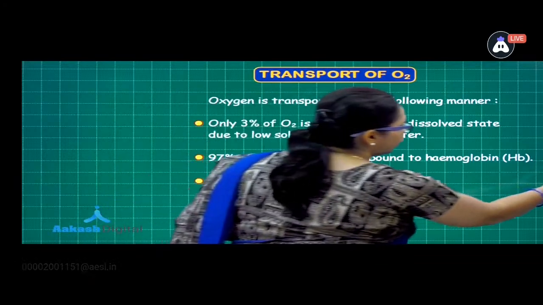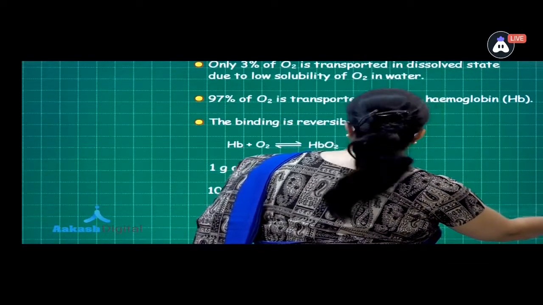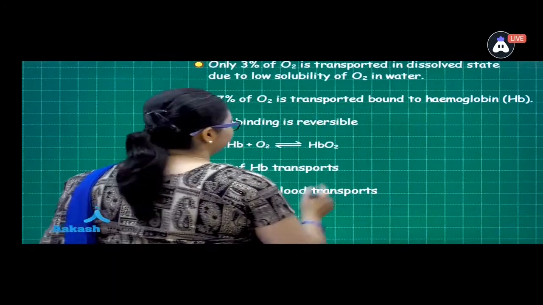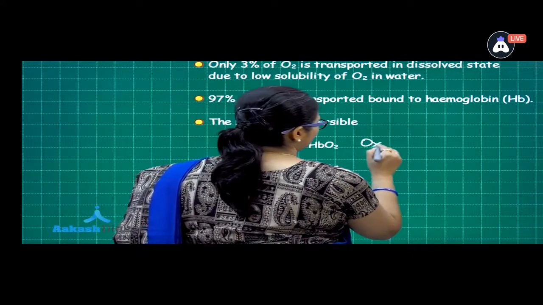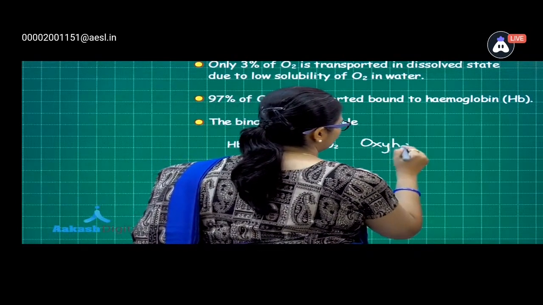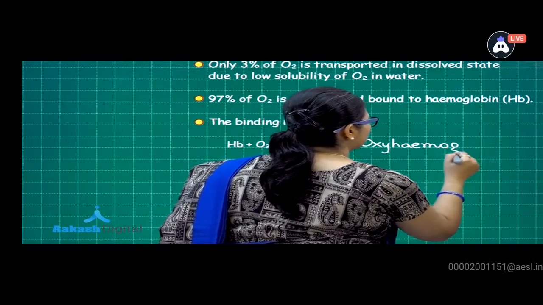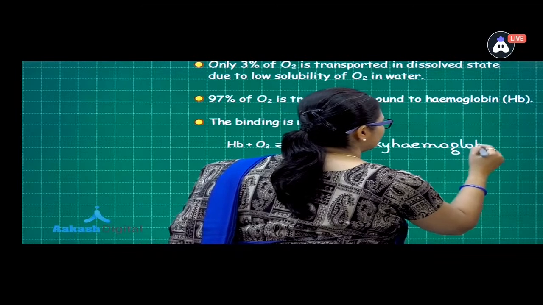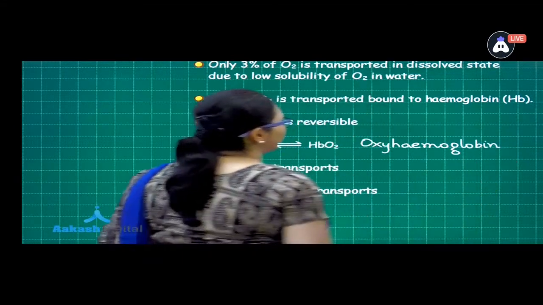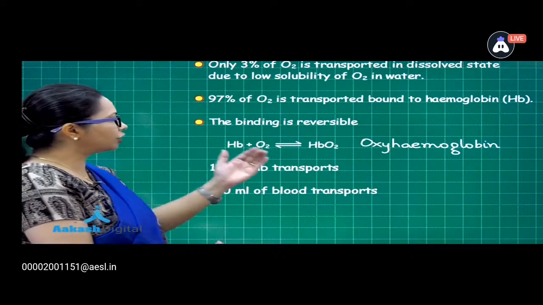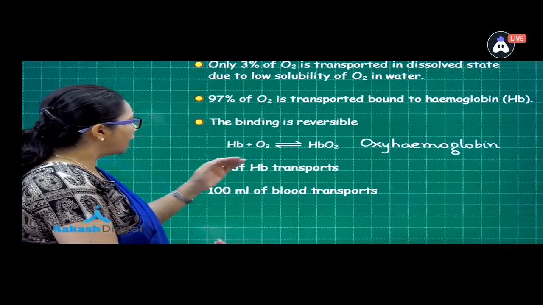So here this HbO2 that we have mentioned is oxyhemoglobin. So 97% of oxygen is transported as oxyhemoglobin.